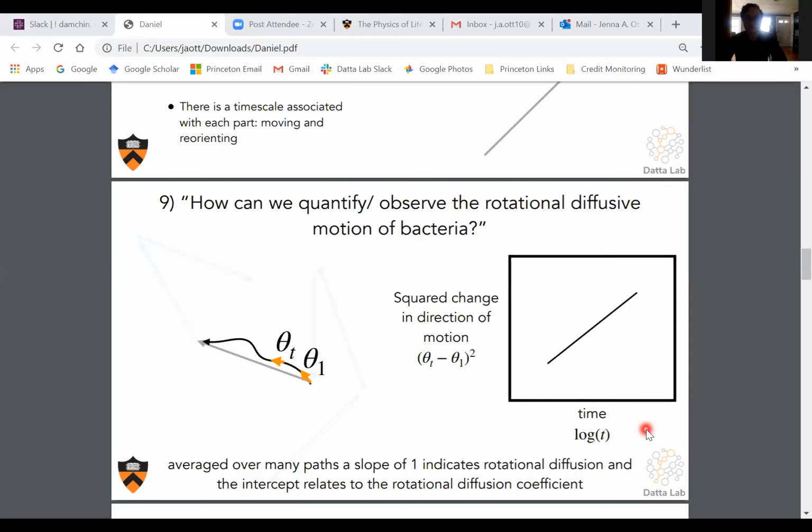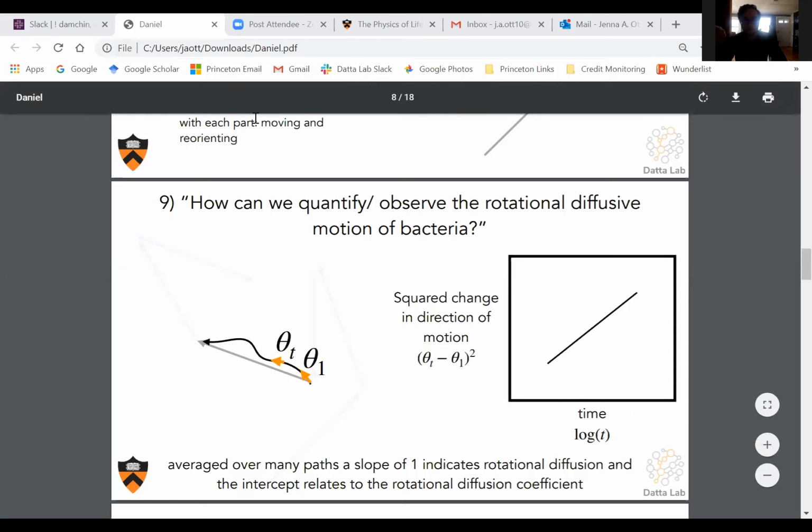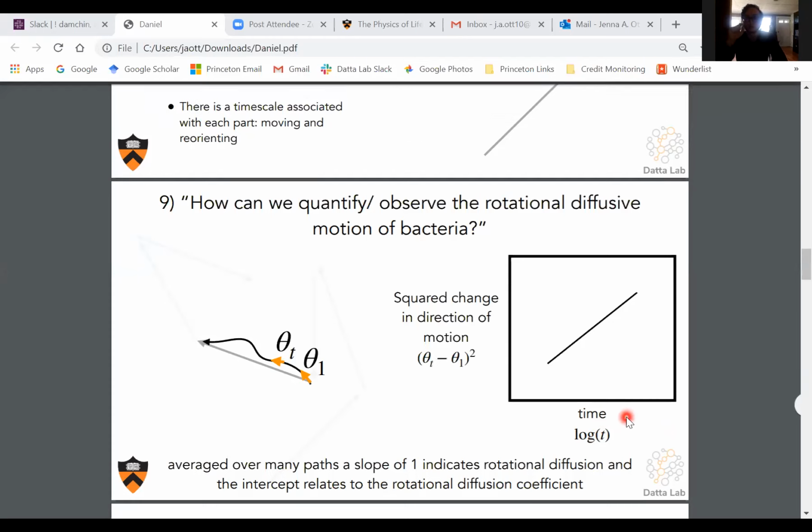So as long as you average over enough paths, you can plot the change in position squared versus time, and if that has a slope of 1, then it's rotationally diffusive. And the intercept gives you a way to calculate that diffusion coefficient. So it's just like a translational diffusion coefficient, except it describes the direction that you're facing.